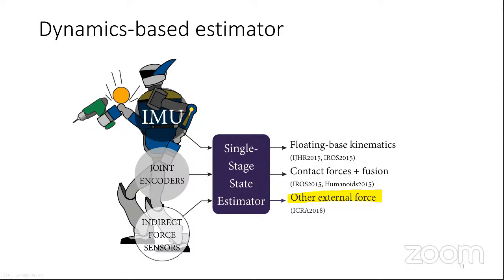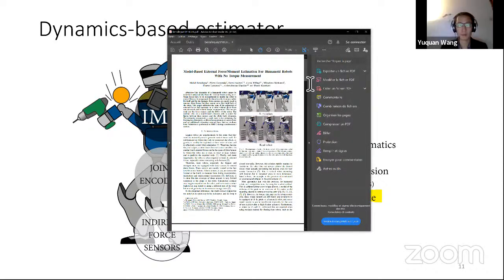I don't know if I have the results here. I think I have them here. Where is it? So with the same experiment, can you see the paper? Oh, yes.